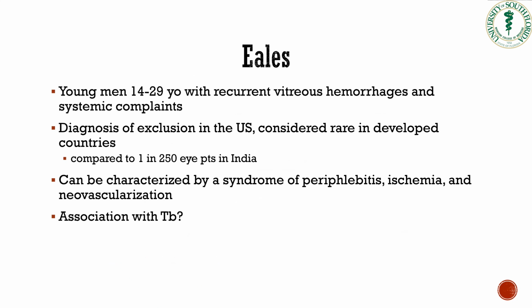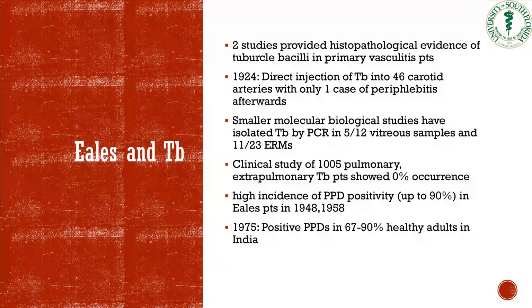So, a suggested mechanism of Eales disease is that it's due to a tuberculin hypersensitivity, which causes an allergic vasculitis. However, this is only supported by a small handful of histopathological studies and case studies that are somewhat conflicting in nature.